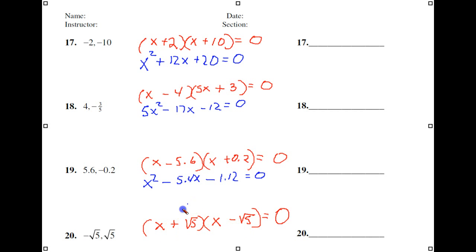We're going to get x squared minus, now the square root of 5 times the negative square root of 5 is the square root of negative 25, which just becomes a negative 5. Now, before, we would never be able to factor that, because that was not the difference of perfect squares. But now we get into the realm of radicals, we can.